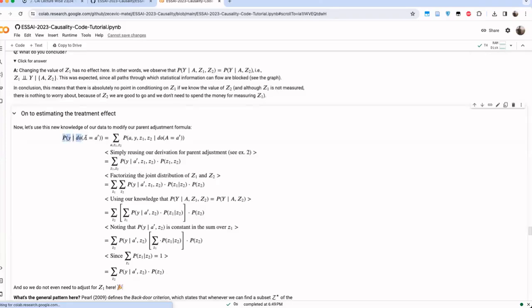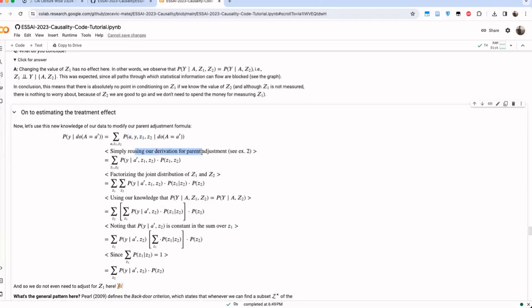So again, what is the interventional distribution here? So let's reintroduce the marginals. So we are reintroducing A and the Zi. Then we are just reusing our derivation for the parent adjustment, right? So what are we doing? So we are just looking at Y given A and the Zi, and then the Zi separately.